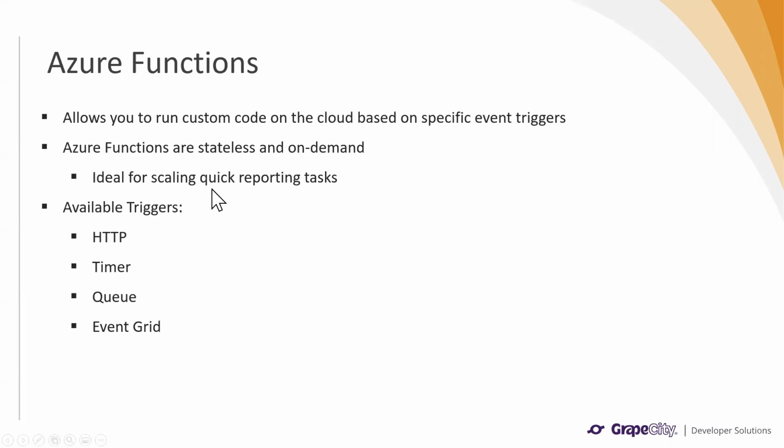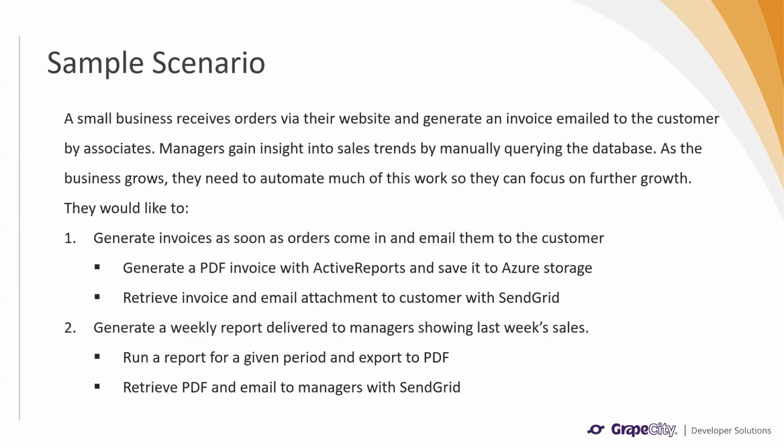So there's a lot of these triggers, and we'll see some of these in just a little bit. Now, before we go to the demo of creating an Azure Function app, let's take a look at a scenario so that we have some background to work with, a scenario where Azure Functions would help. Imagine a small business that has an online store, where customers place orders online or call the store and place orders over the phone.